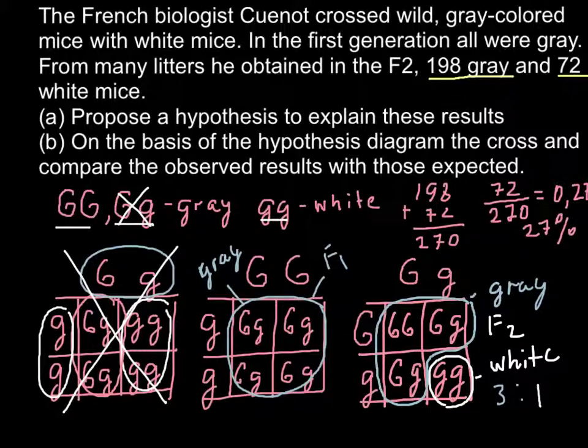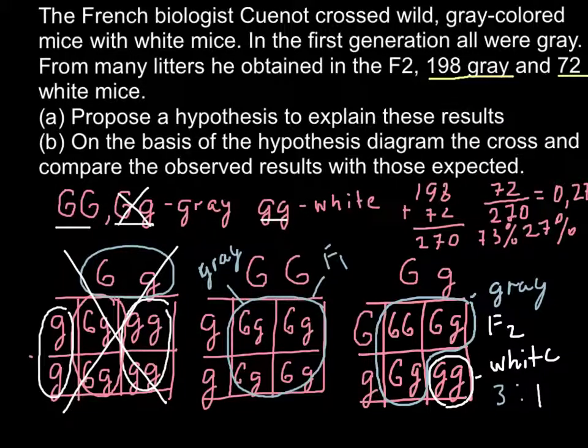and this means that 27% are mice that are white colored, and 73% would be mice that are gray colored.